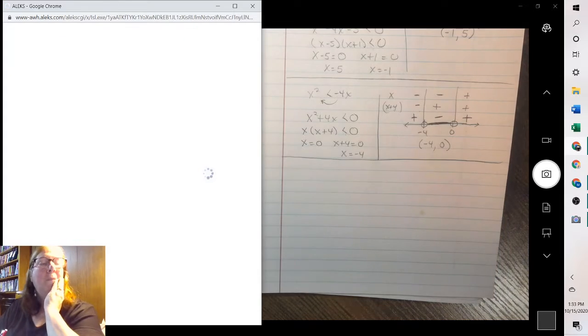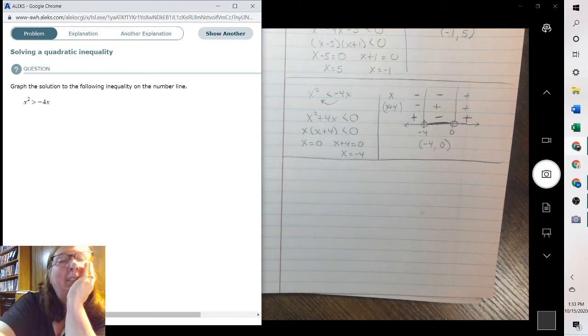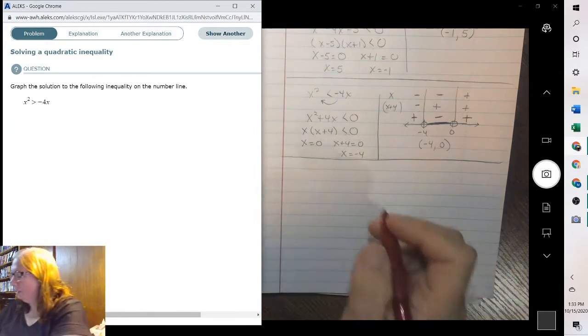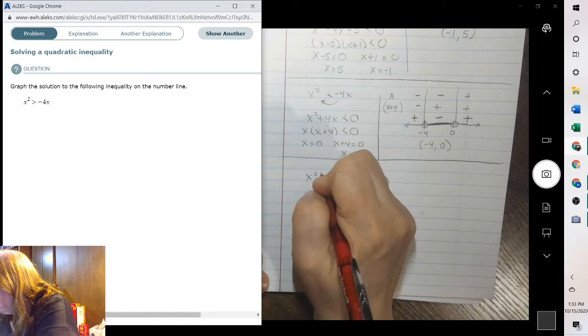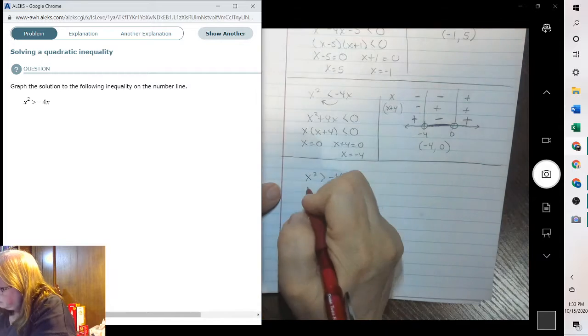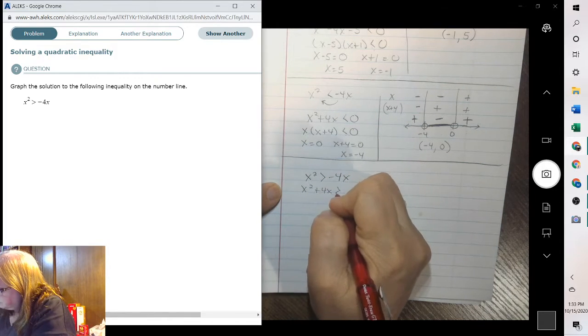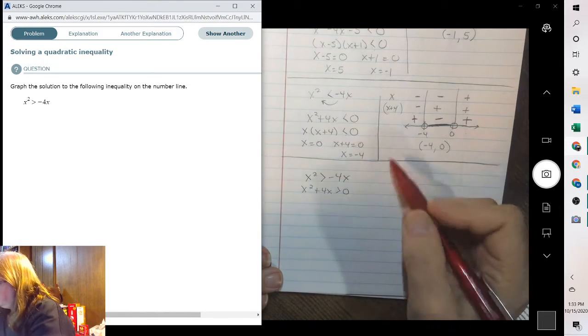One more. Same one. Oh, I flipped the sign. Okay, so this one is the exact same thing, except they want greater than.